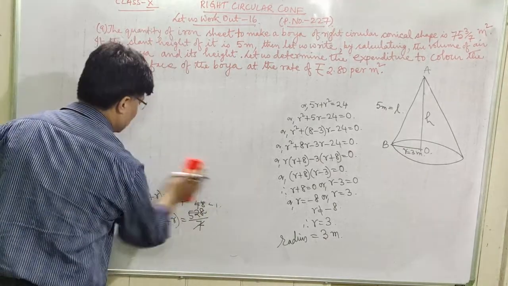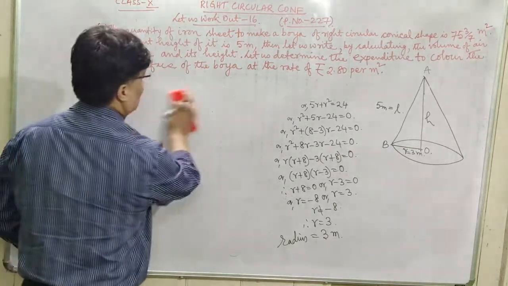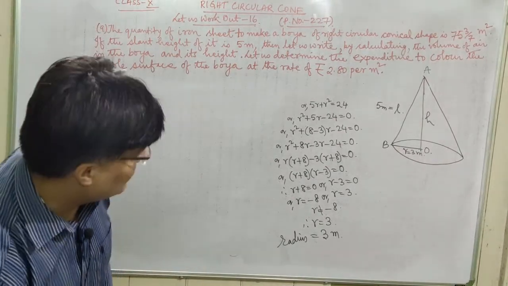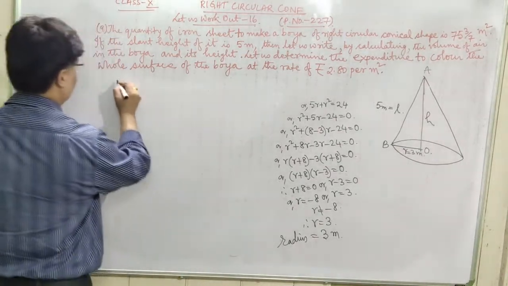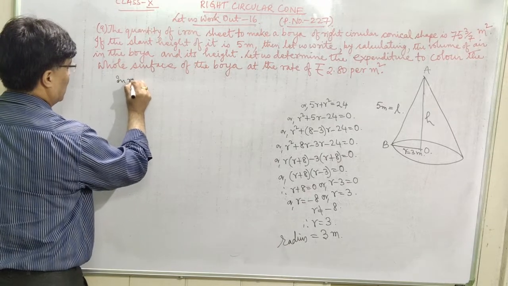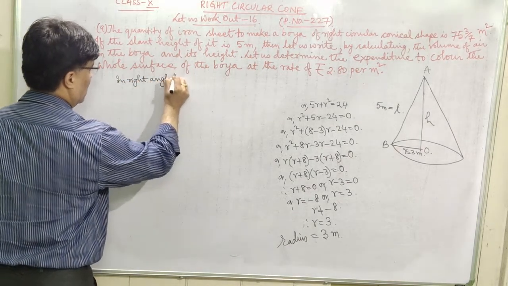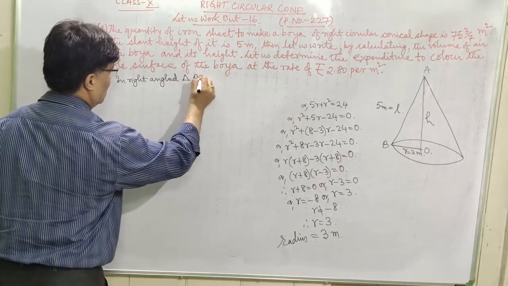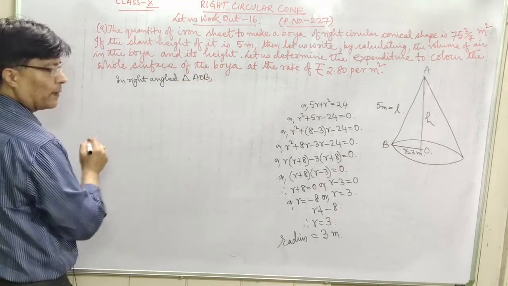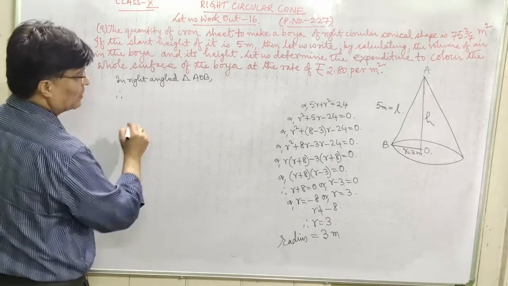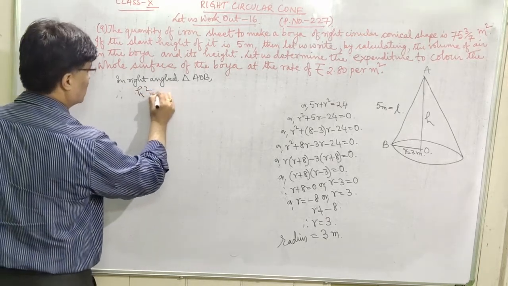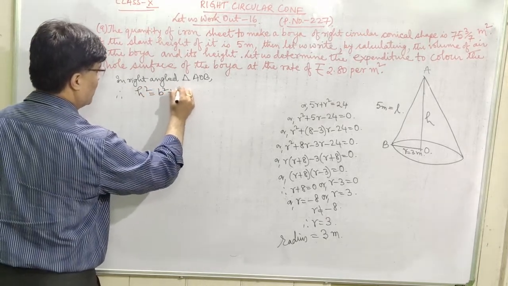Now you have to find out the height from the figure. In right angle triangle AOB, you know the Pythagoras theorem: hypotenuse whole square is equal to b square plus p square.